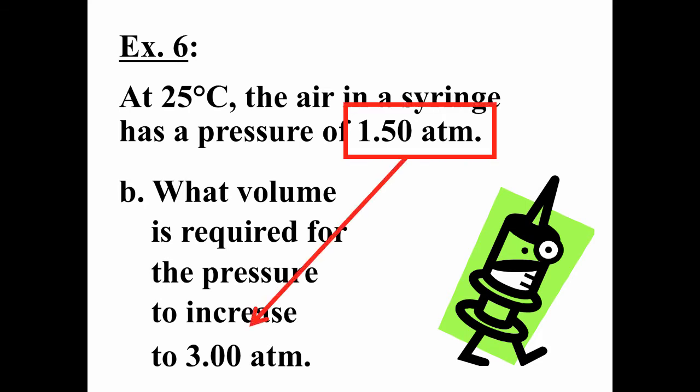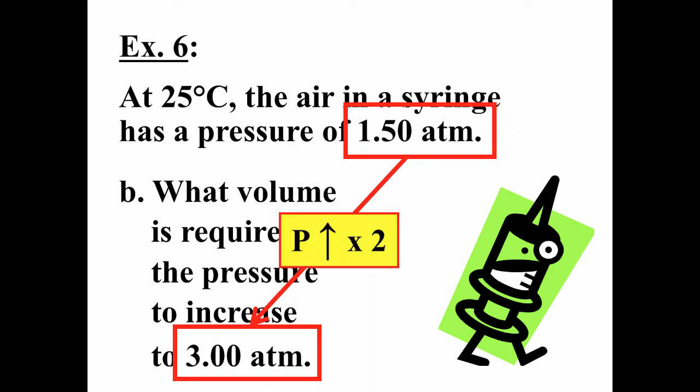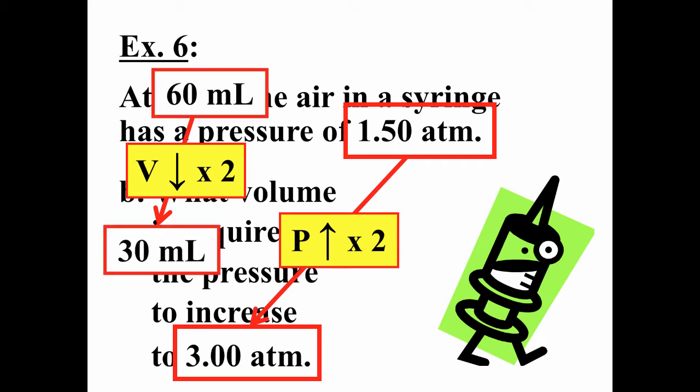We note that a pressure increase from 1.5 to 3 atmospheres is increasing the pressure by a factor of 2. Since volume is inversely proportional, we expect the volume will decrease by a factor of 2. It wasn't stated in the problem, so let's say we start with 60 milliliters of air in a syringe, then it would go down to 30 milliliters of air. When the pressure is doubled, the volume is halved.